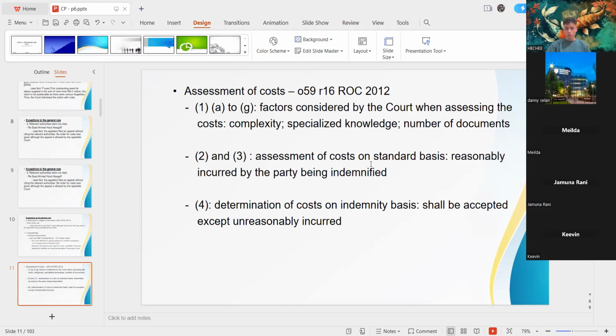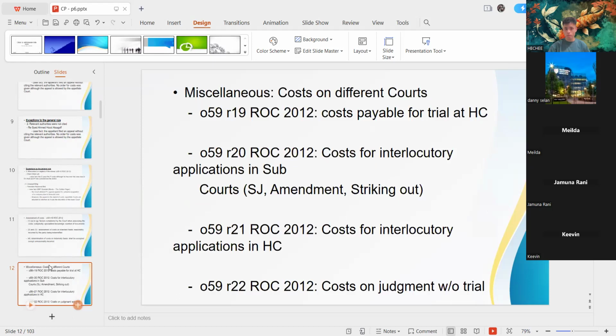And then sub-rule 4 says the determination of cost on an indemnity basis shall be accepted except where it is unreasonably incurred. Is that okay?